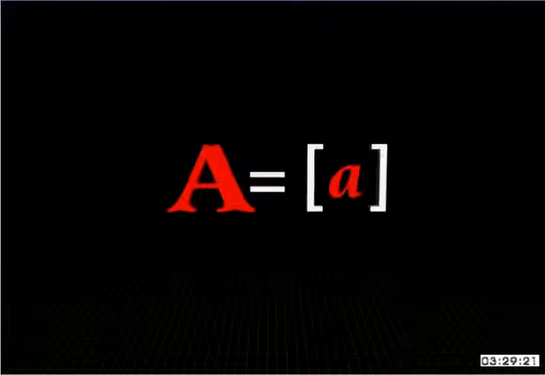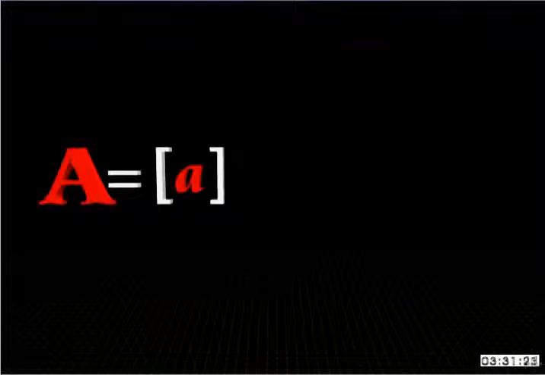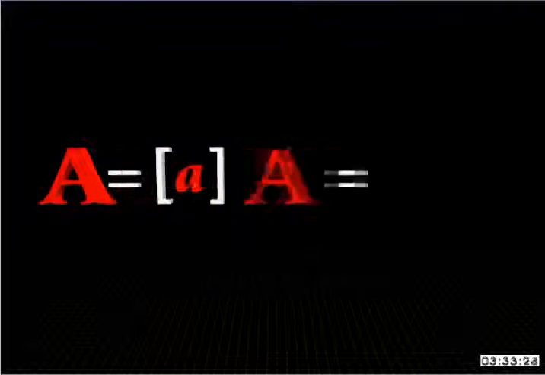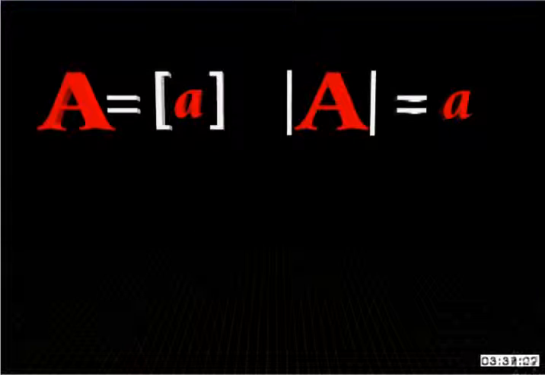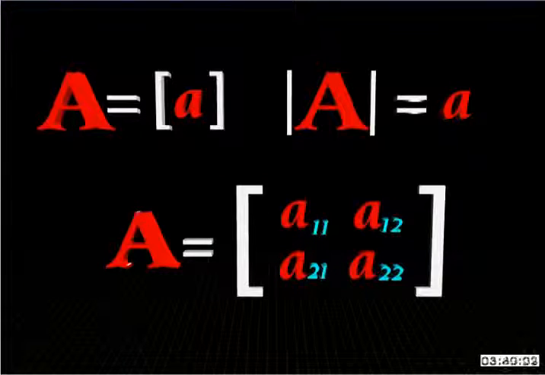Now we will see what a determinant is and evaluation of determinant of first, second and third order square matrices. Determinant. Determinant is a function which maps each square matrix to a real or a complex number. It should be noted that only square matrices have determinants.